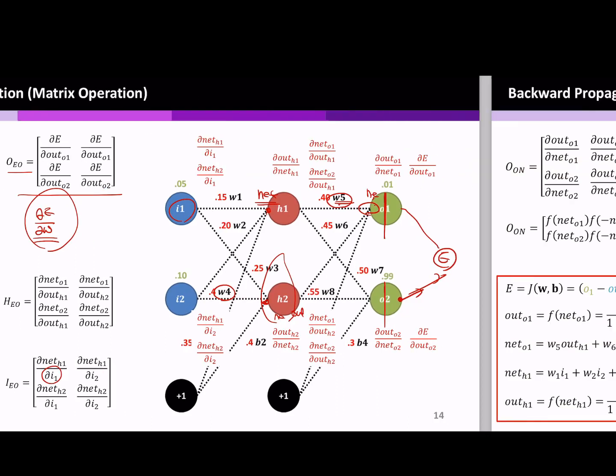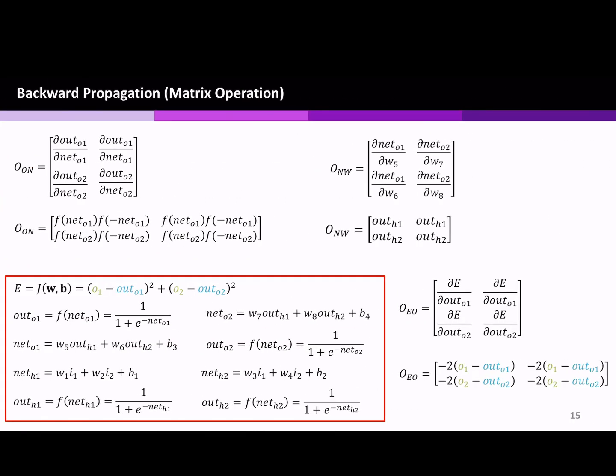So how do we compute the values in each of these matrices? We can compute them using the values in the nodes that we computed in the forward propagation. For instance, the partial derivative of output with respect to net, when we use a sigmoid, is the output O1 multiplied by one minus the output O1, right?